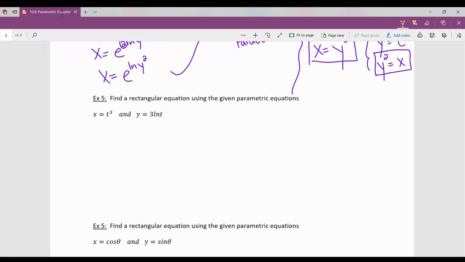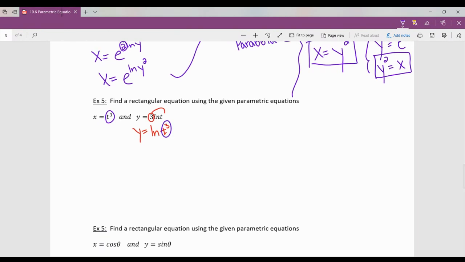So first thing I'm going to do is look at y, and I see there's a 3 in front of the log. So I can take that 3 and relocate it to the back. So it would be y equals ln t cubed. Now when I look at this with a fresh set of eyes, I see t cubed right here, and t cubed right here.